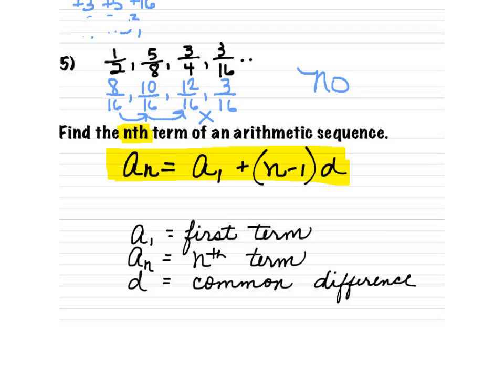Please write it down. A subscript 1 we'll call the first term. A subscript n we'll call the nth term. And d is the common difference.